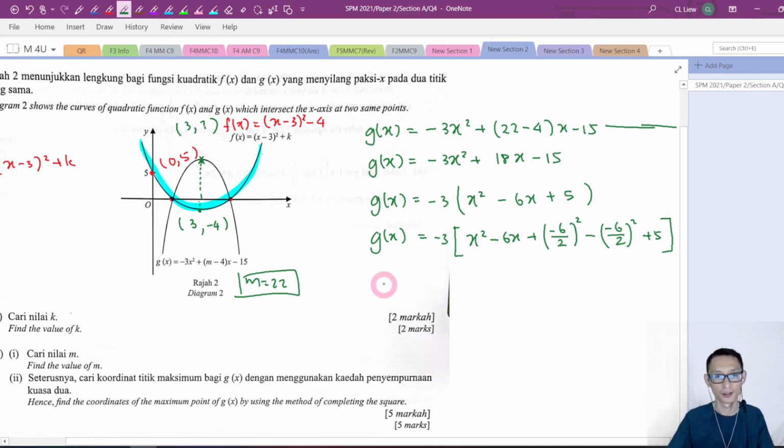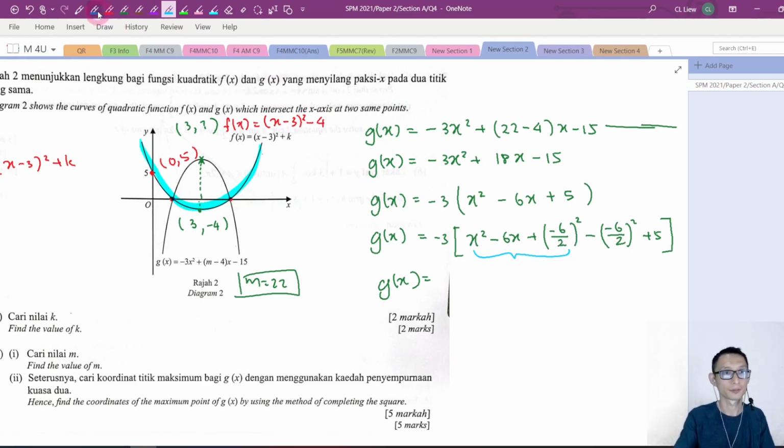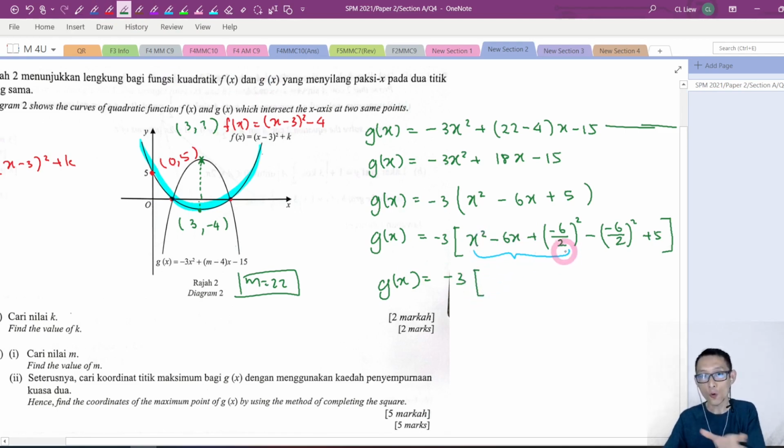Now, this whole part is actually equal to x minus 3. Negative 6 divided by 2, you will get negative 3. So x minus 3. How do I get negative 3? Negative 6 divided by 2.